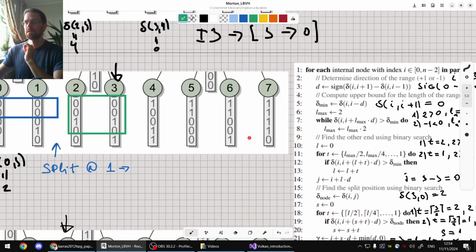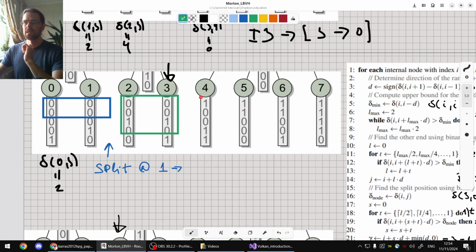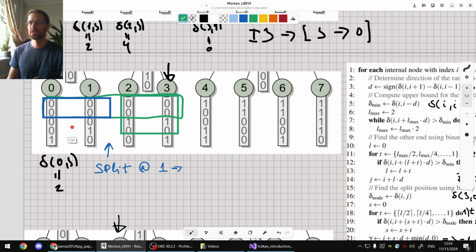I will not examine the code, but basically we say the minimum common head for this segment is this. In this case, the common head length between node 3 and the other side, which is node 0, is 2. So we see this part shared.